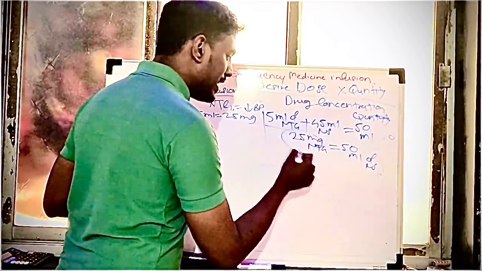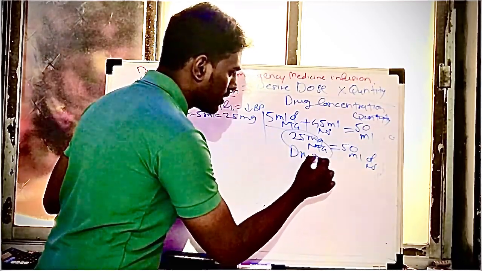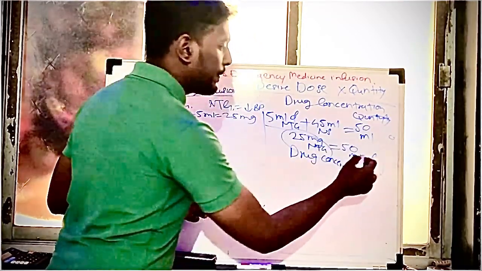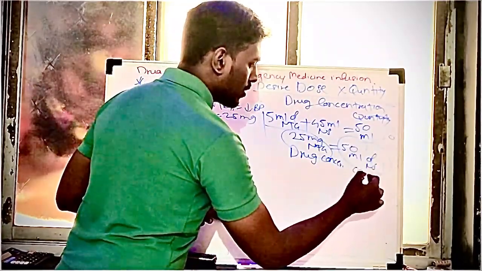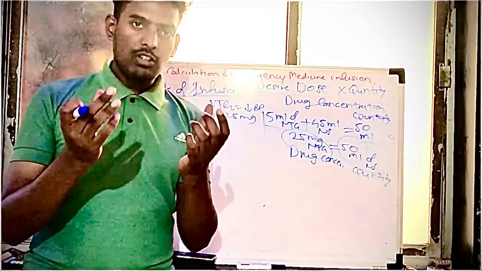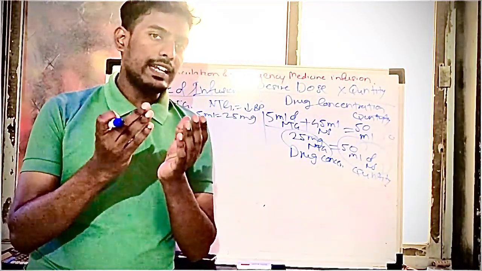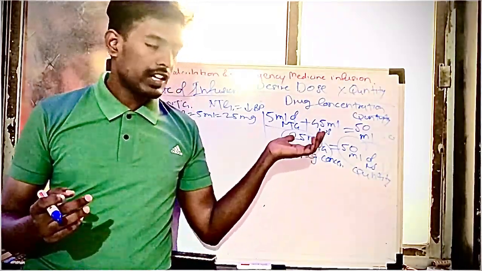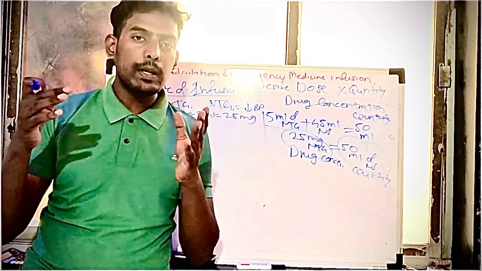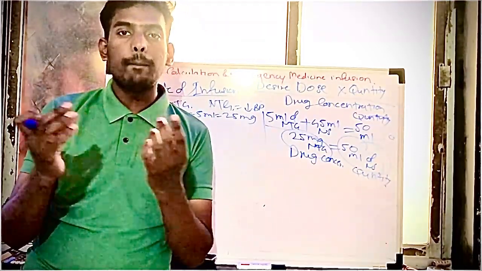So this 25 mg of NTG is what? That is the drug concentration. And that 50 ml is your total quantity. So in 50 ml of quantity, we had 25 mg of NTG, that is the drug concentration. The drug concentration stays the same, whatever quantity of NS or other solution we use to make the complete infusion.